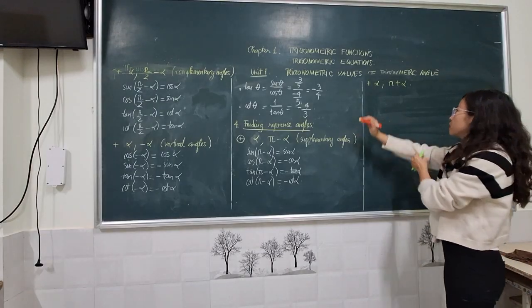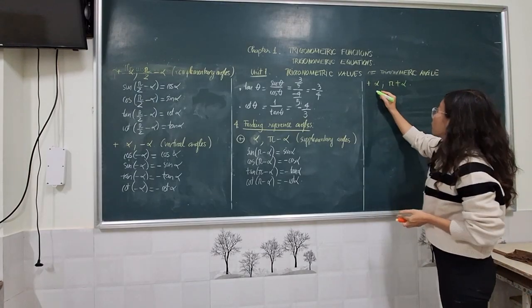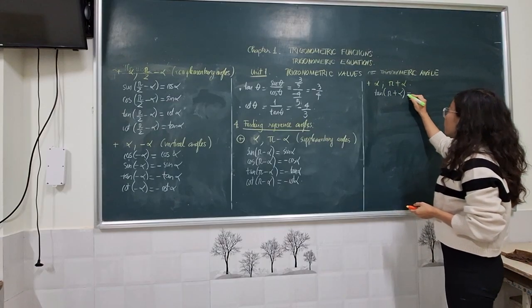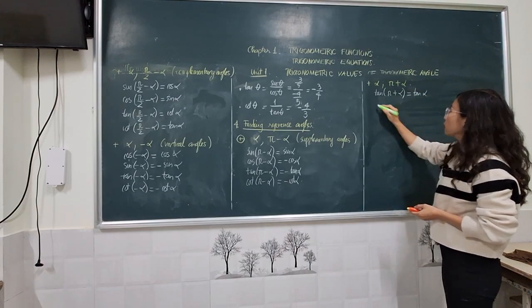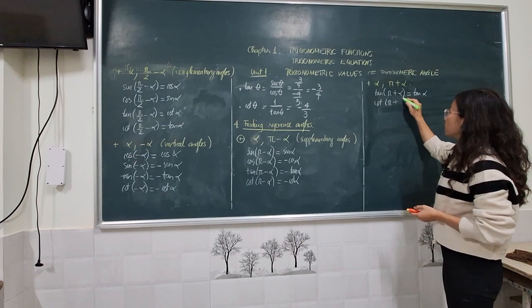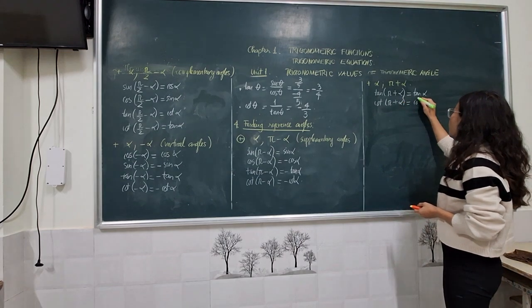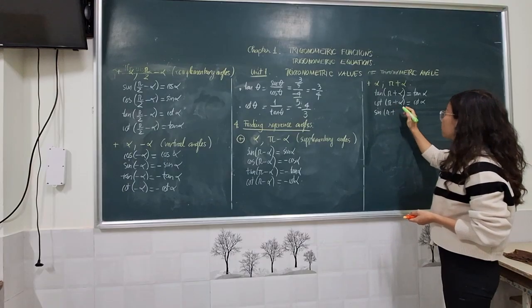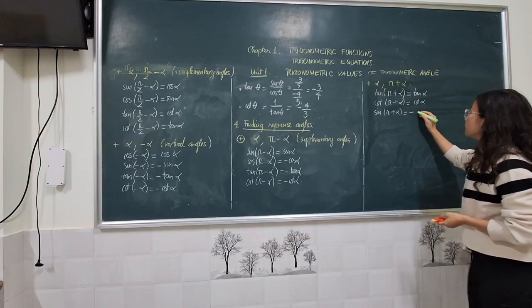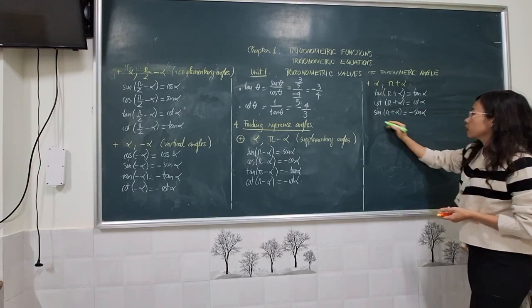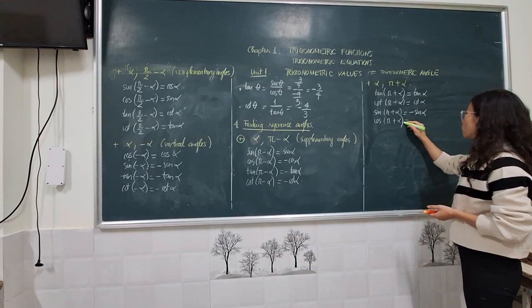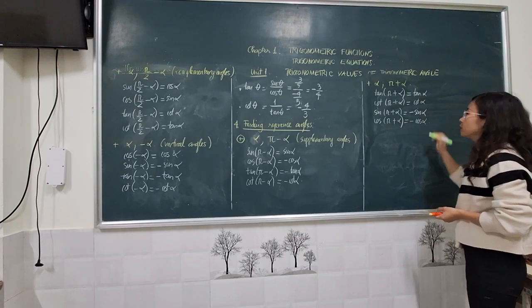So with the two angles we have tangent of pi plus alpha equals tangent of alpha, and cotangent of pi plus alpha equals cotangent of alpha. And sine of pi plus alpha equals negative sine alpha, and cosine of alpha plus pi equals negative cosine alpha.